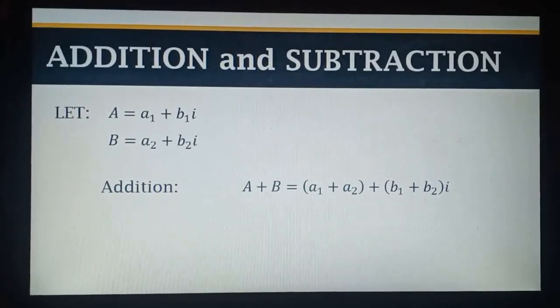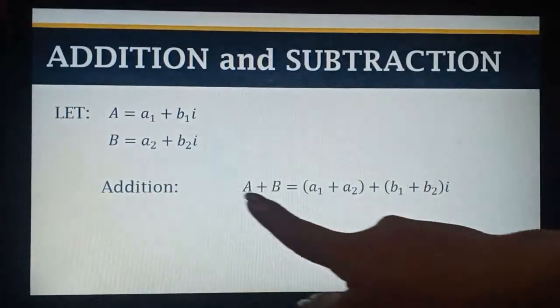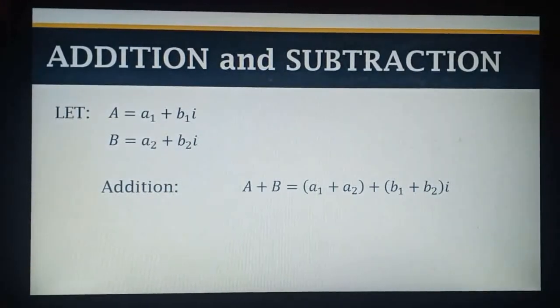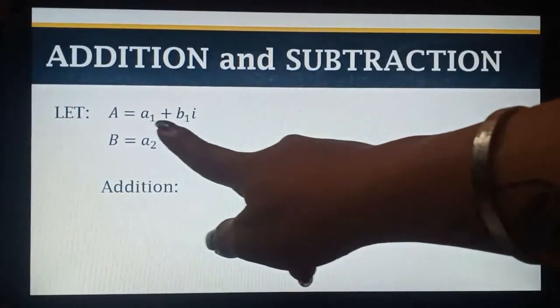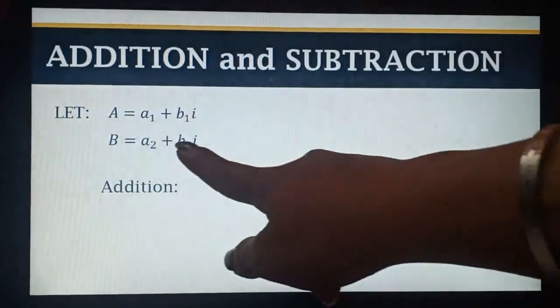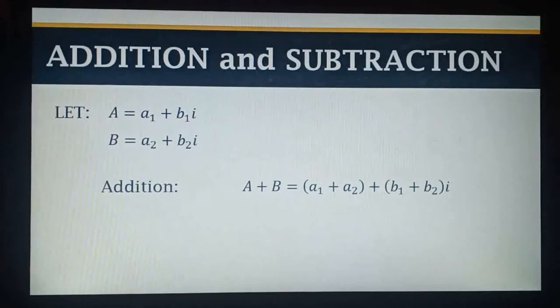So the real part of A is A1 and the real part of B is A2. Then you have to add the same imaginary part. So B1 for the A, then B2 for the B, and that is your imaginary part.